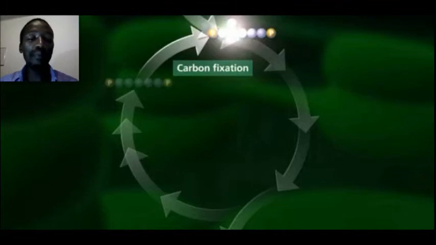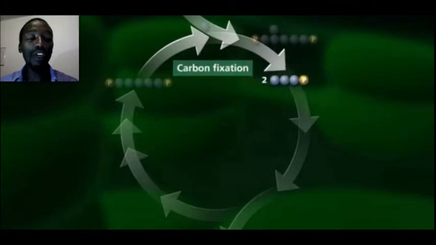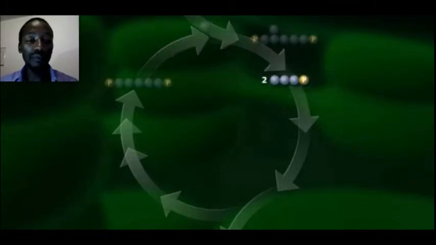The second step is the sequence of reductions. Now the main purpose of rubisco here is to capture carbon dioxide. So this process starts with the presence of rubisco. Rubisco has a high affinity for carbon dioxide.